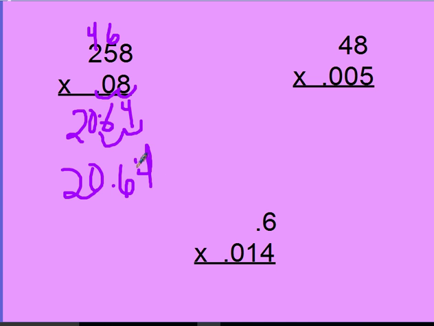Now, does that sound reasonable? Well, this is only 8 hundredths, so we're not even close to half. So my number is probably right there. This is hundredths by thousandths. So if I look at this, I know my number is going to be really small.